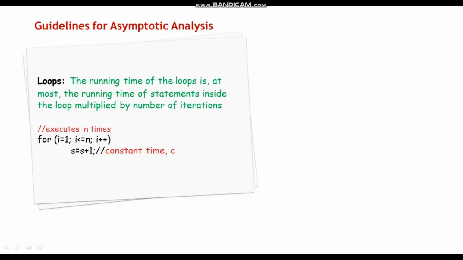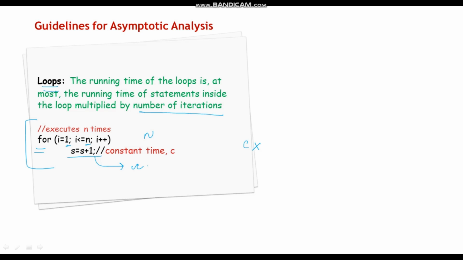There are several helpful guidelines for asymptotic analysis. Let's say we want to analyze a code with loops. The running time of the loops is at most the running time of statements inside the loop multiplied by the number of iterations. For this code snippet, there is just one statement inside this loop, and the number of iterations is given by i less than or equal to n, so we have n iterations.